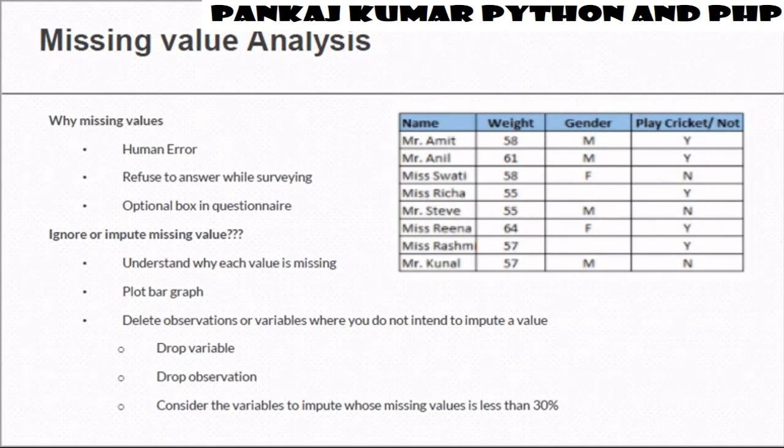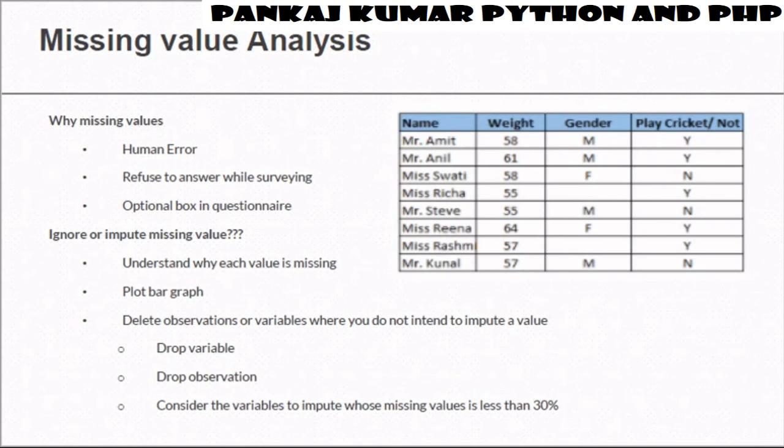Then that variable may not be useful because 80% of the data is missing. Even if you impute it, that cannot be real data. You are imputing data, so indirectly it is false data, but you are using multiple techniques to get an approximate data point of the real value.